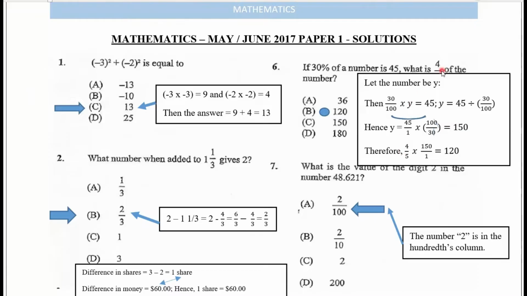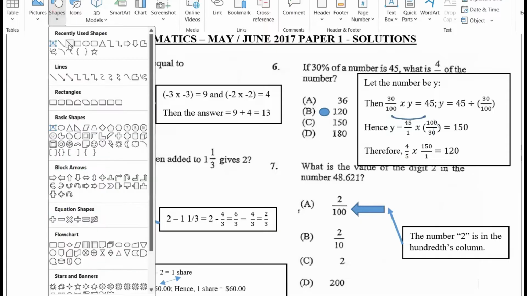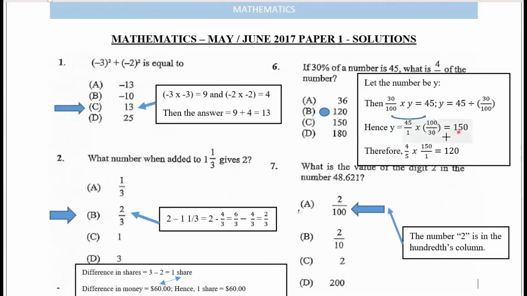And then they ask for 4/5 of the number. Now we got the number as 150. So we're going to find out 4/5 of it. And maybe I should have put in an arrow there to show that is what we're using.